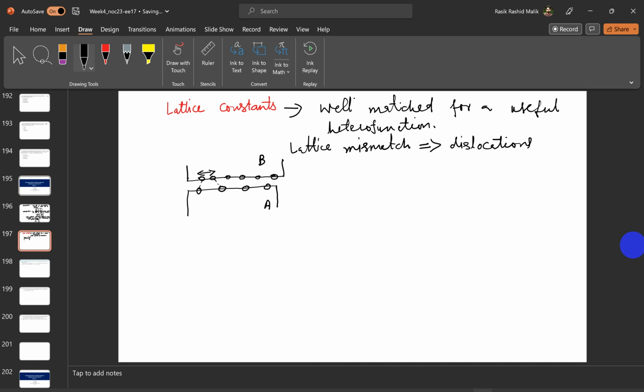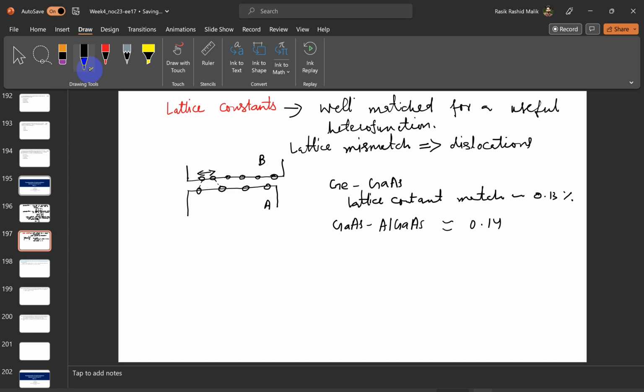For example, germanium and gallium arsenide have lattice constants matched to within about 0.13%. Similarly, gallium arsenide and aluminum gallium arsenide, because these types of heterojunctions are widely studied, also do not vary by more than about 0.14%.